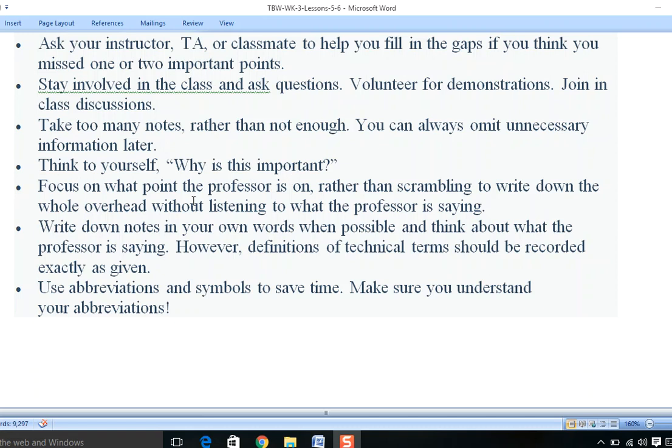Focus on what point the professor is on rather than scrambling to write down the whole overhead without listening to what the professor is saying. This is really necessary, because some students think that taking notes is more important than the professor's discussion. Remember, the discussion of the professor is more important than taking your ordinary notes because that person is an expert.